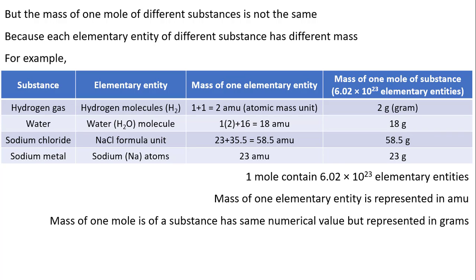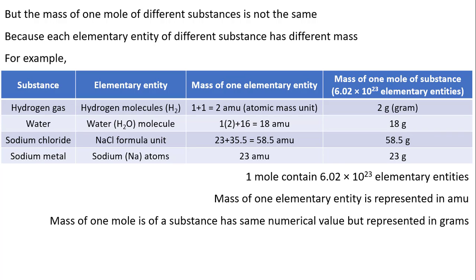We just need to keep the numerical value the same, and just replace the units with grams, and we will get 1 mole of that particular substance. So whenever we talk about a reaction, it's quite easy to take the substance in grams instead of amu, which is a far smaller unit.